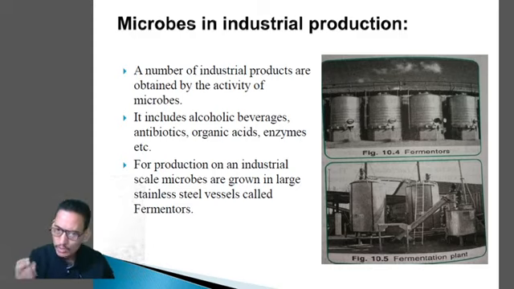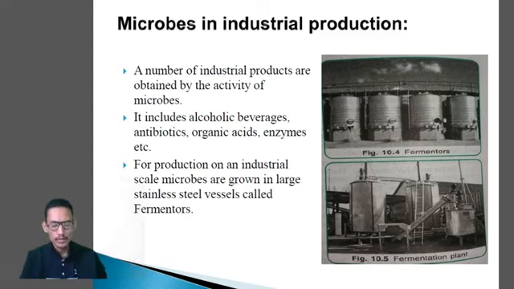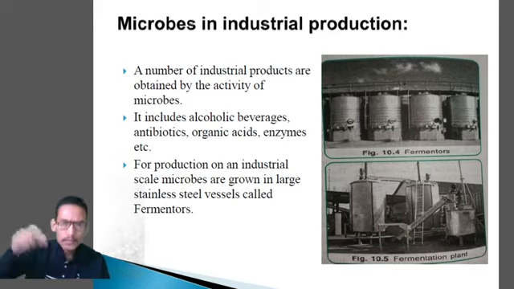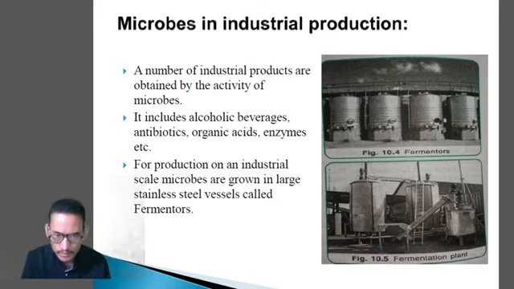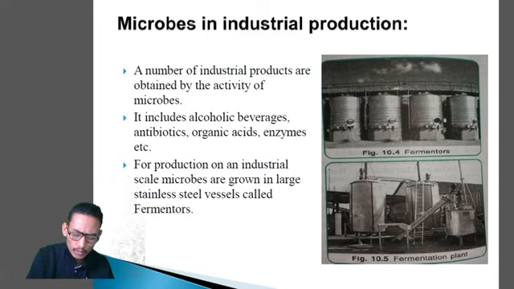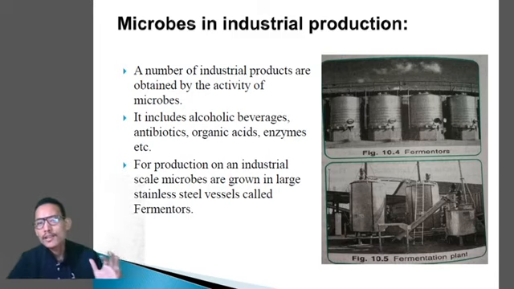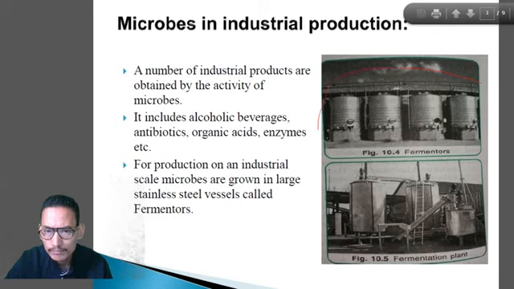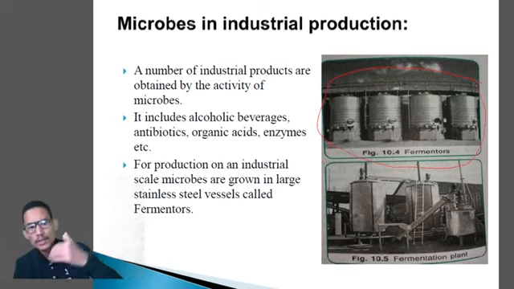So we can use microbes for the production of these products in industries. For large scale production, the microbes are grown in large stainless steel vessels which are called fermenters. You can see the picture over here, the fermenters where the microbes are usually grown.